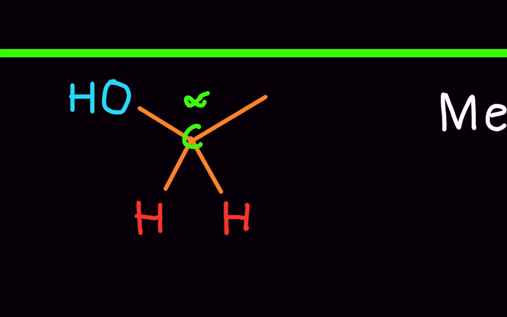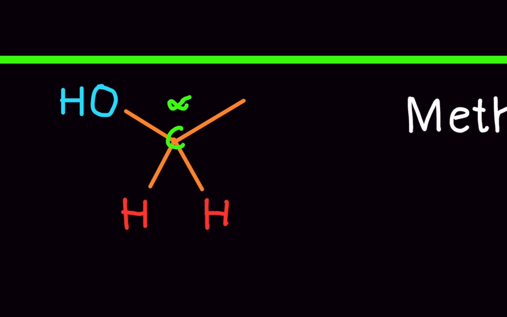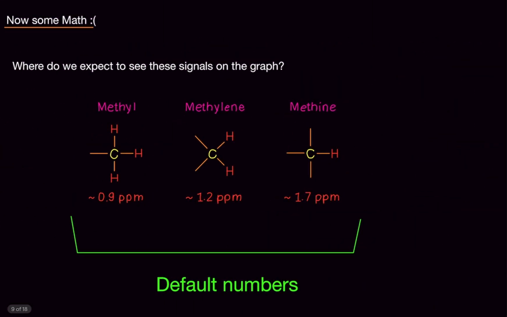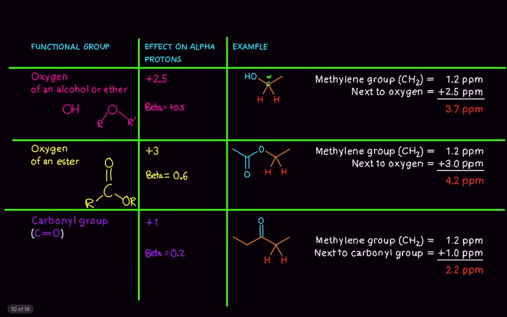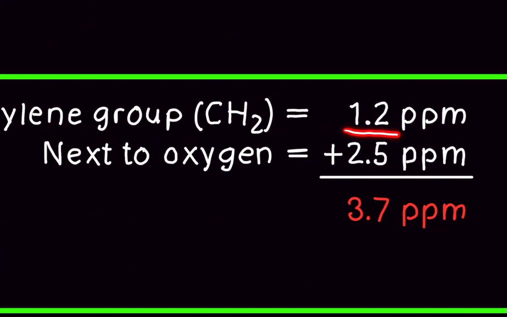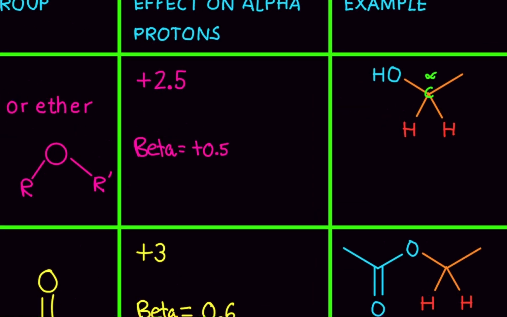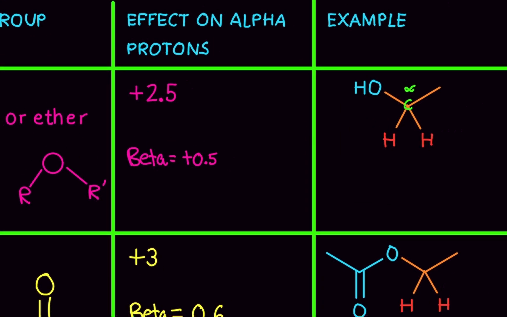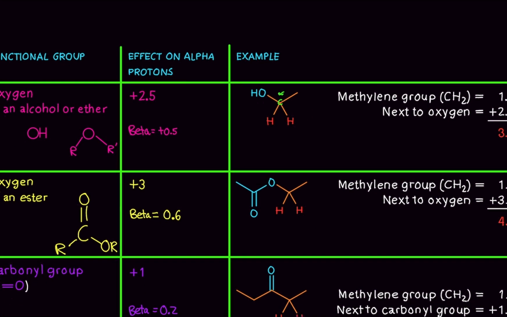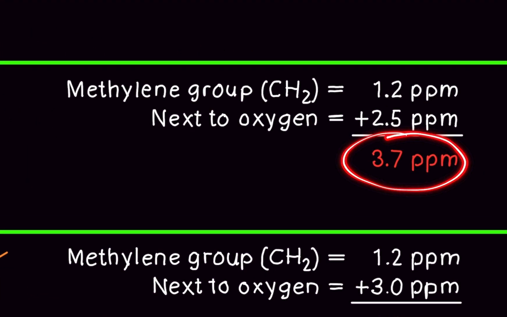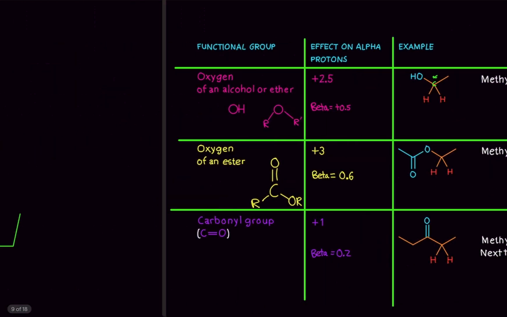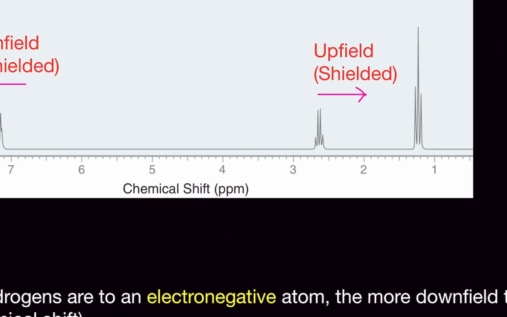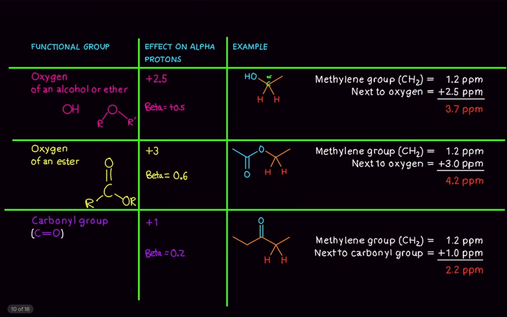We have a CH2 here, a methylene group with a 1.2. So all you do is write down 1.2 plus 2.5 because this is an alcohol, and we get 3.7. So these two hydrogens are going to be located at 3.7 on this graph, around here, you would see peaks. Okay, it's not too bad.